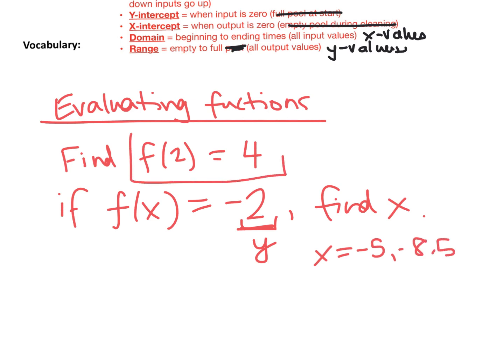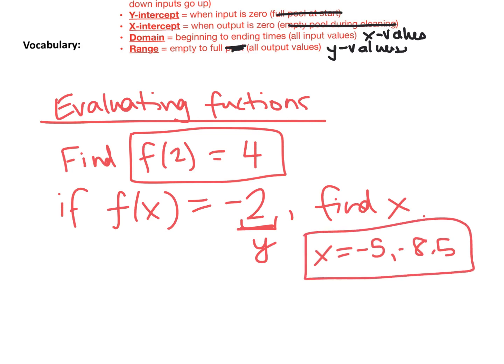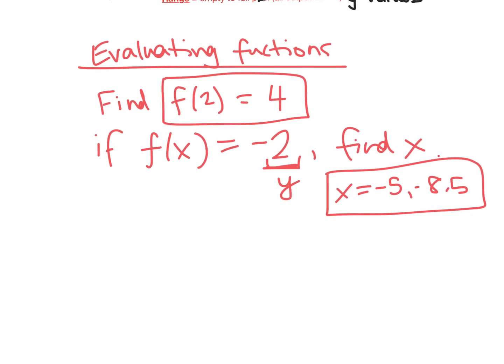Okay, so we've got 2 examples of evaluating a function using a graph. Now we could also evaluate a function just using an equation. So I'll give you an equation and show you how to answer those questions. So let's say I have f of x, this will be our second type, equals 2x plus 1.